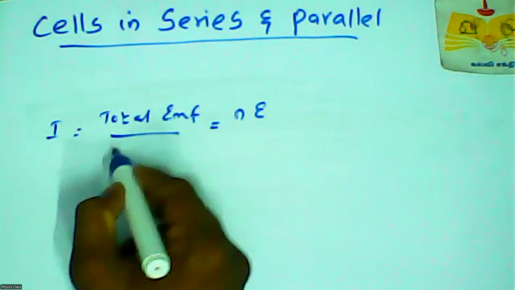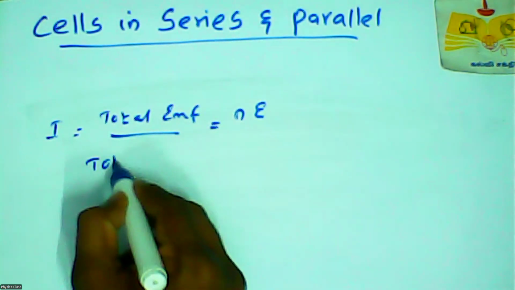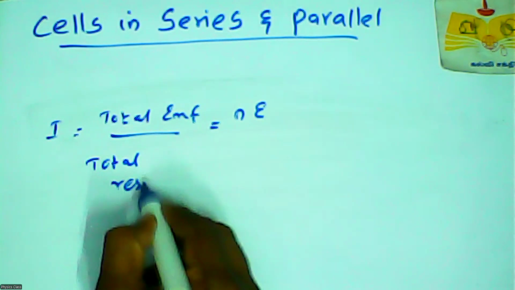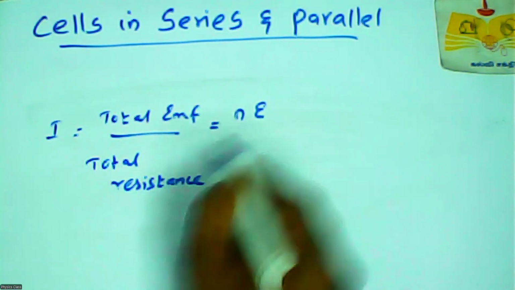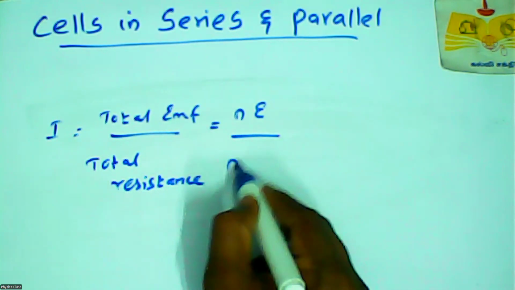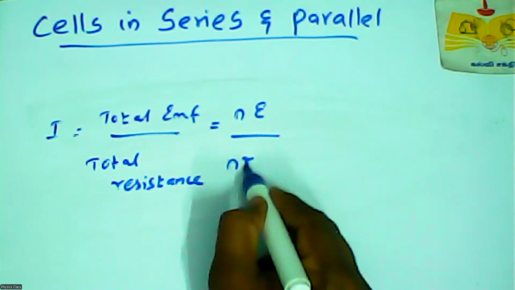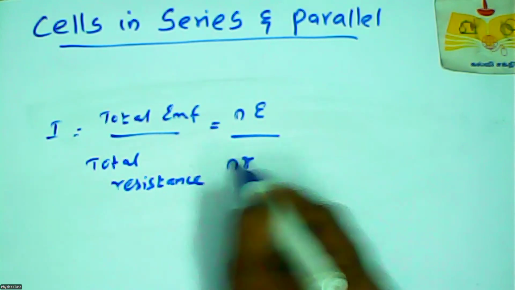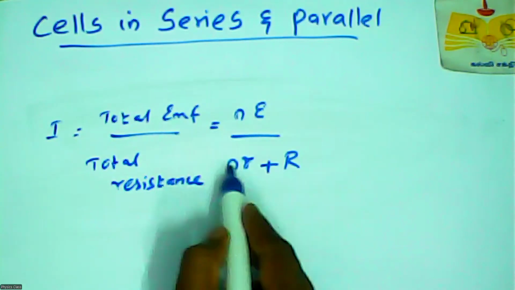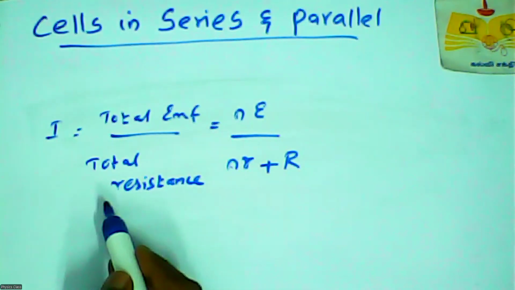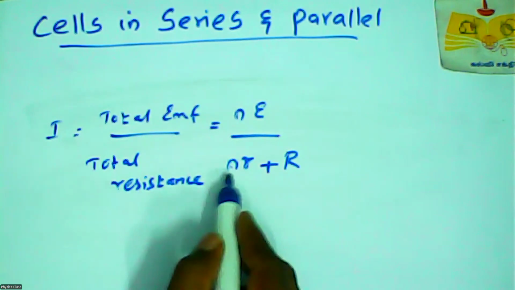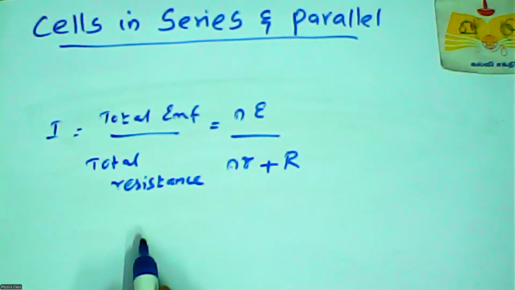The total resistance means the number of cells times internal resistance plus external resistance, because each cell has an internal resistance. So N r plus R.